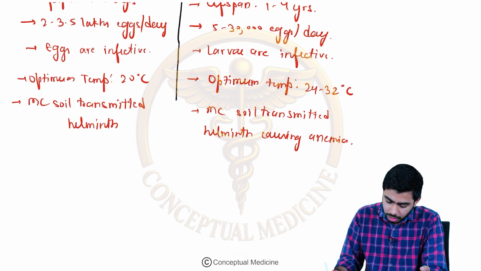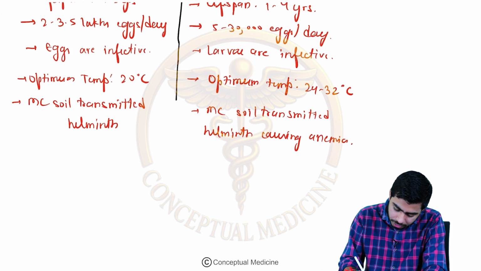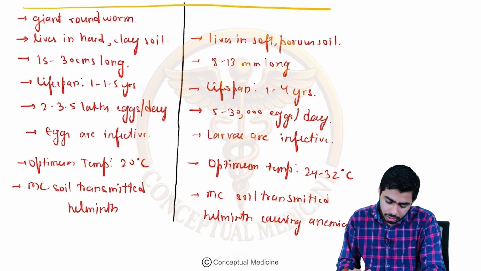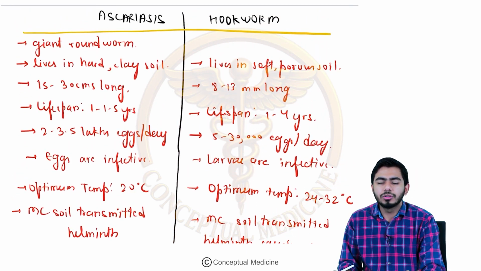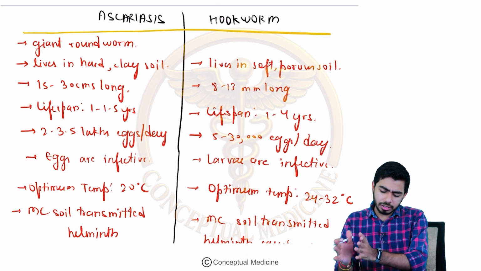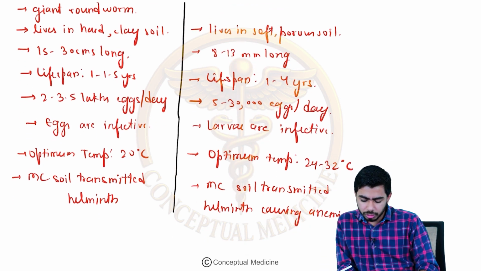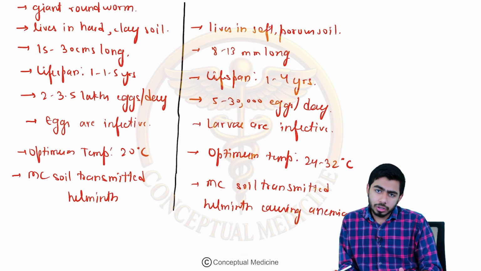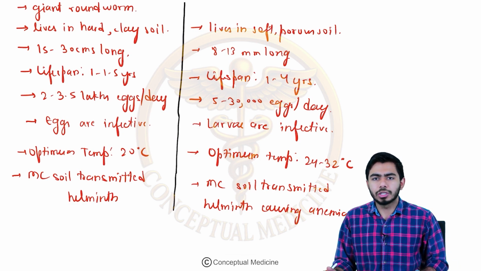So these are some major differences between ascariasis and hookworm, right? We have talked about all of these things in the ascaris section and the hookworm section. So please do read about it, and I will see you in the next one. Thank you.